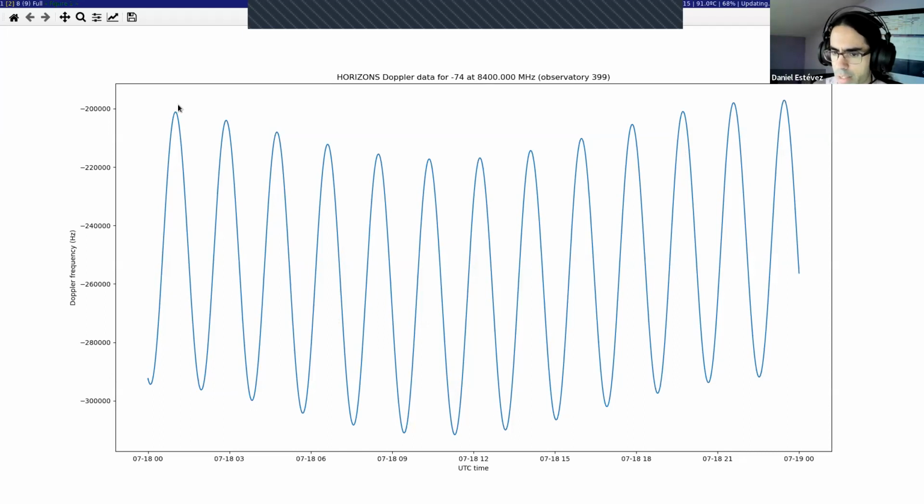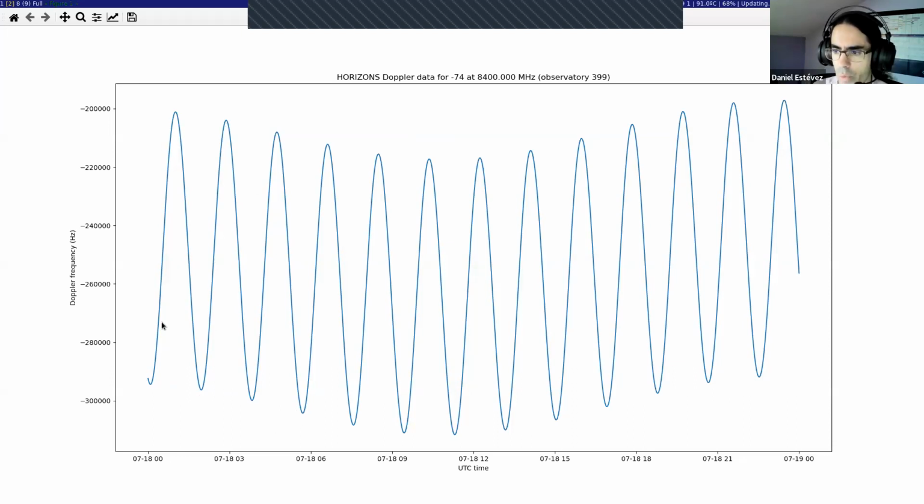But then we also get this additional sinusoid, and this is because this spacecraft MRO is in orbit around Mars. So it has an orbital period of, I don't know, 1 hour, a couple hours. Apparently, you can just compare the distance here, so 2 hours.